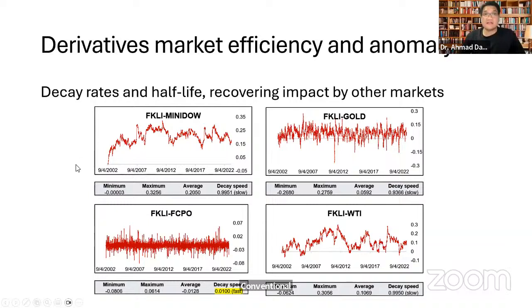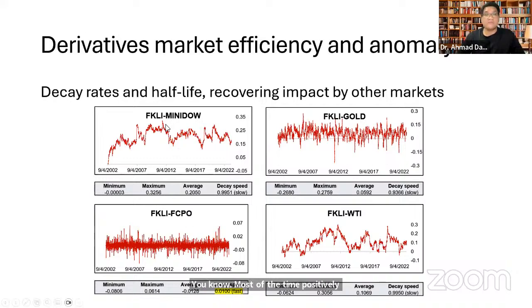It's always changing over time. Like mini Dow, the most is a positive 0.25. Like FKLI and gold, the most is around positive 1.5. I don't know why. Sometimes it can go as low as negative 0.15. For FCPO, not really correlated, just quite neutral. KLCI and crude oil are, most of the time, positively correlated.